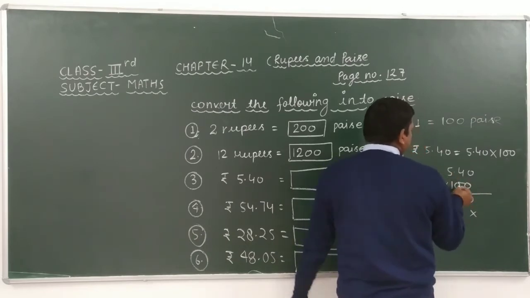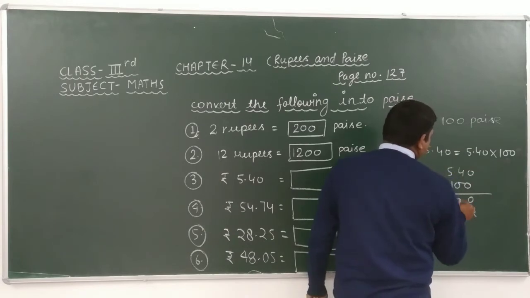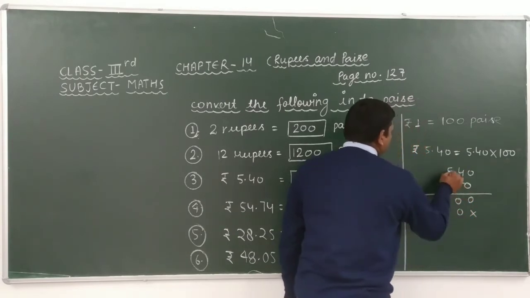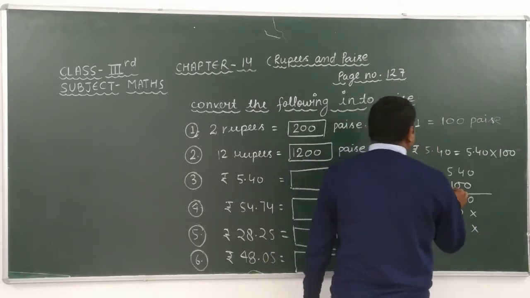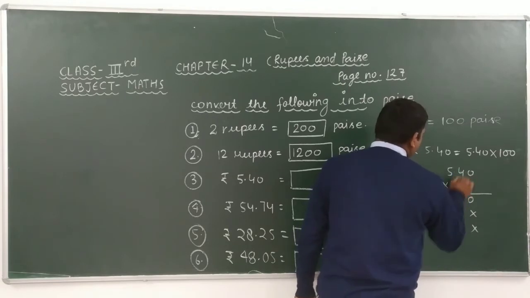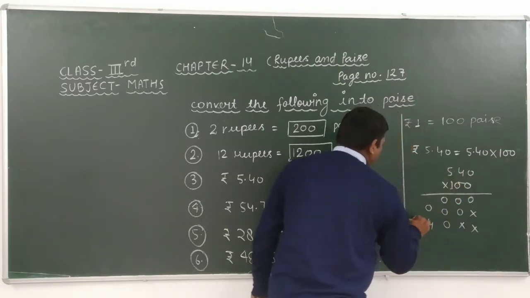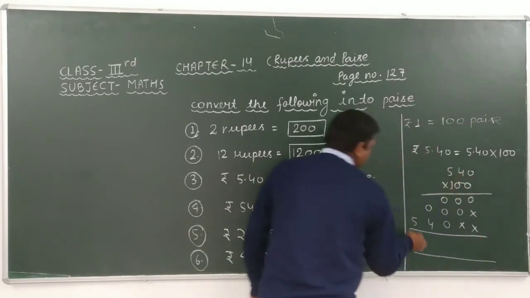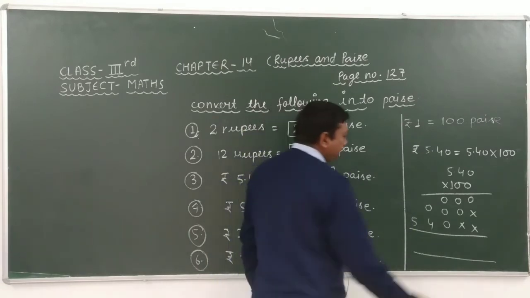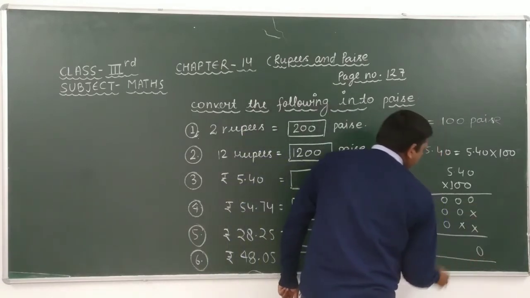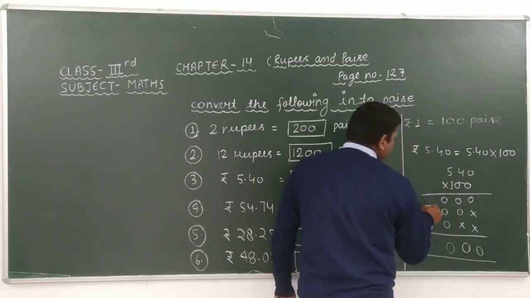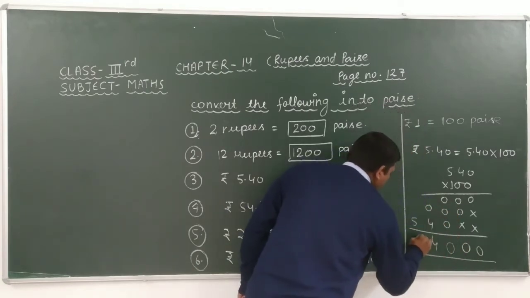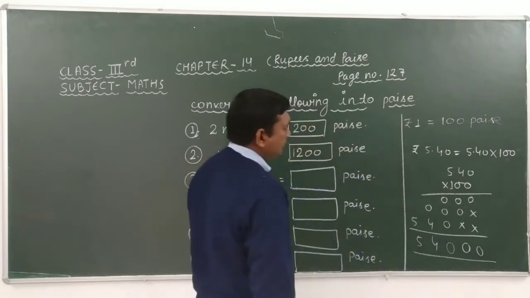Again we multiply by 1, 1 0 is 0, 1 4 is 4 and 1 5 is 5. After adding these we get 0 plus 0 is 0, 0 plus 0 is 0, 0 plus 4 is 4 and here 5 as 10.